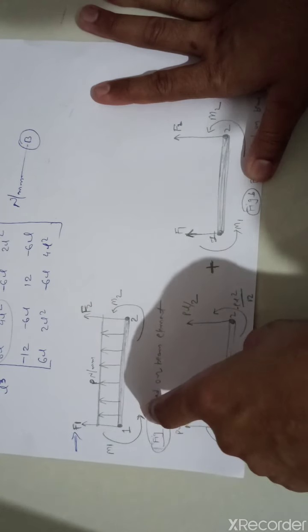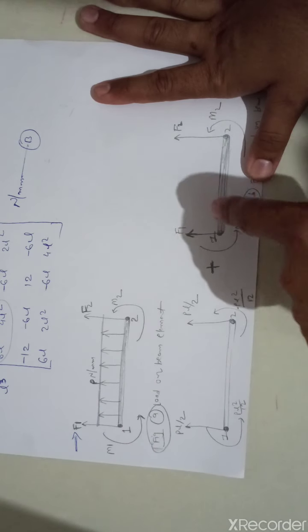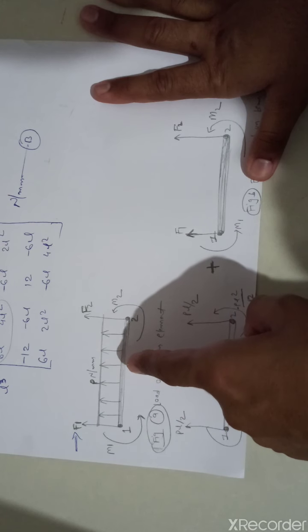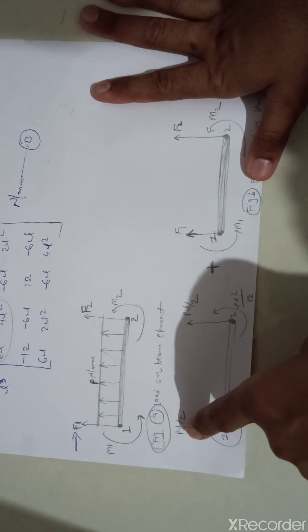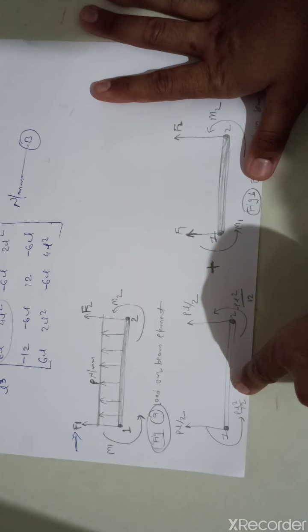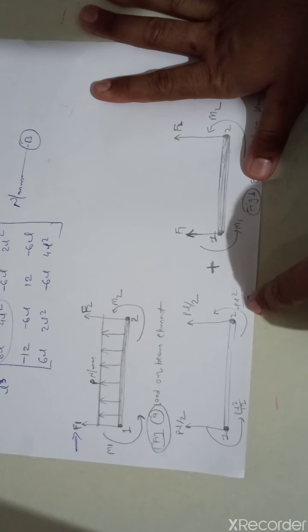This is our moment at node 1 and this is our moment at node 2. If the total load is PL, then our forces become PL by 2 and PL by 2, and the moment becomes PL square by 12, and at node 2 the moment becomes minus PL square by 12.